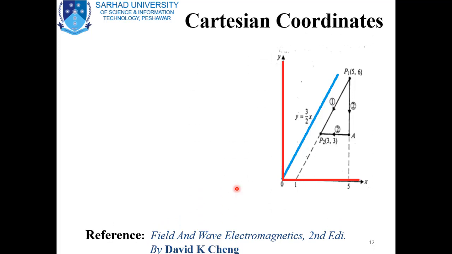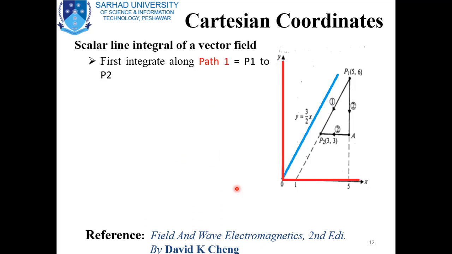So we can write the work done in this form, and we will integrate the work done along path 1, which is P1 to P2. So we integrate our dot product from P1 to P2, which is the first path, and this is the value of F dot dl.